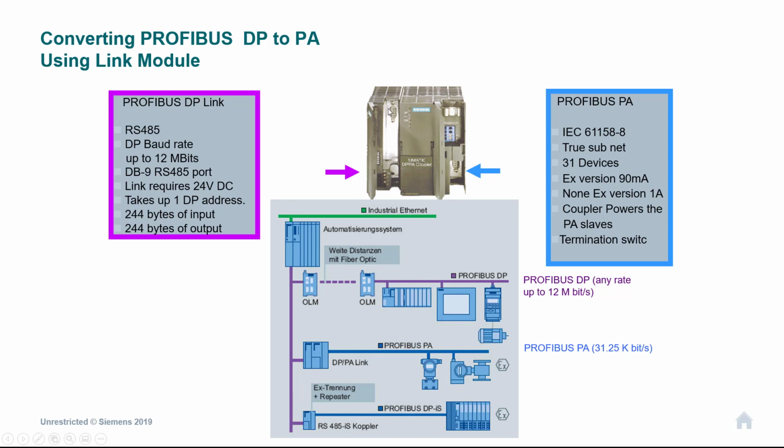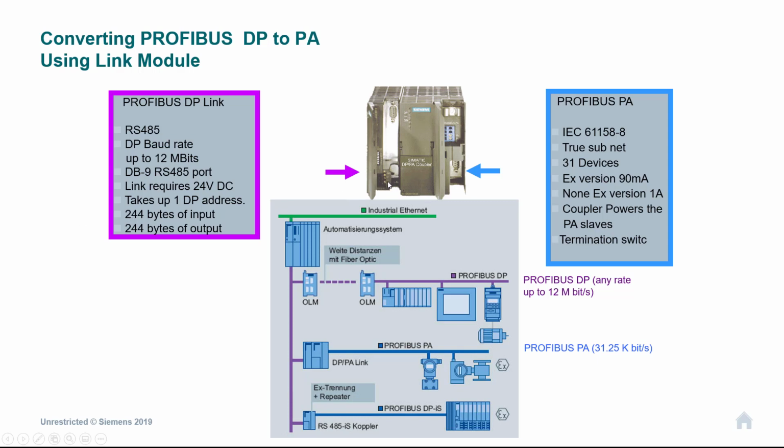But now we only take up one address on the DP network because it's only one DP slave. It also means that we can run the DP network at its full speed. We don't have to slow it down because we've separated the two networks with this device. There is one limitation, and it's the amount of bytes.